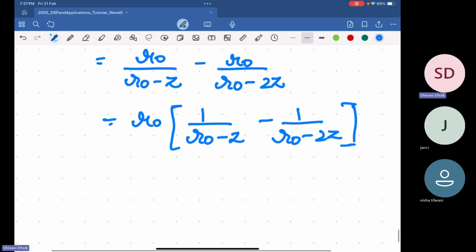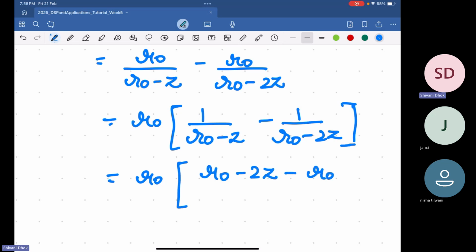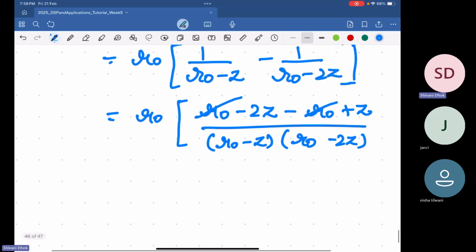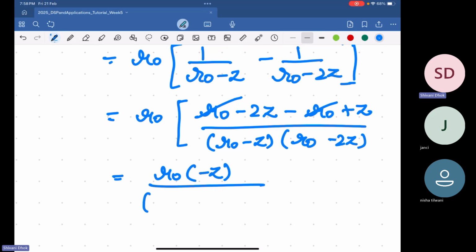So let's get the LCM and simplify things. R0 minus 2z minus R0 plus z upon R0 minus z times R0 minus 2z. R0 gets cancelled, and what we are left with is R0 into minus z divided by (R0 minus z) into (R0 minus 2z).